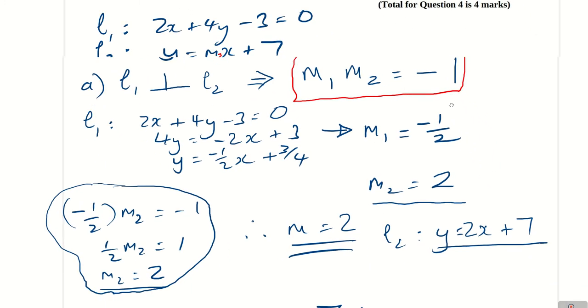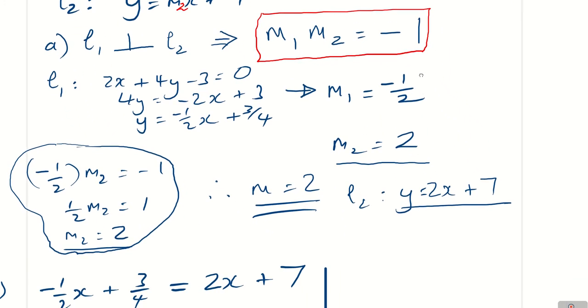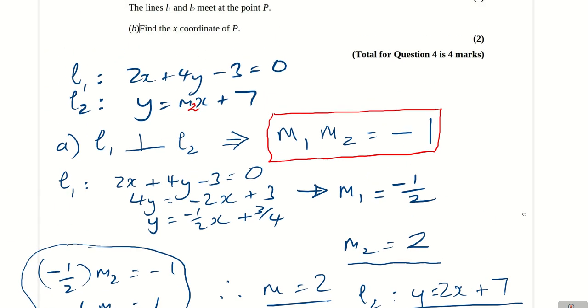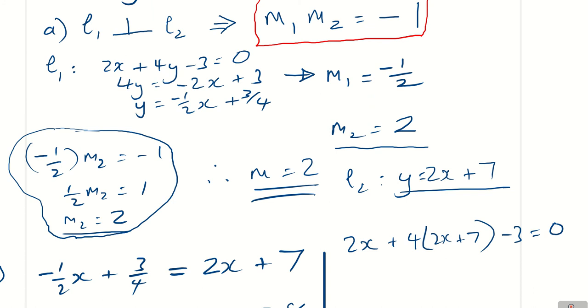We'll get exactly the same answer, but that will give us workings like this: 2x plus 4y, but we know that y from the other equation is 2x plus 7, and the equation was minus 3 equals 0. Yes. So then if we solve this, it should give us exactly the same answer. 2x plus 8x plus 28 minus 3 equals 0, and we get exactly the same again. 10x equals minus 25, so x is minus 2.5.